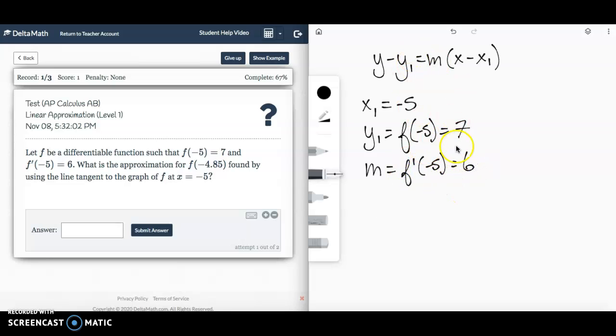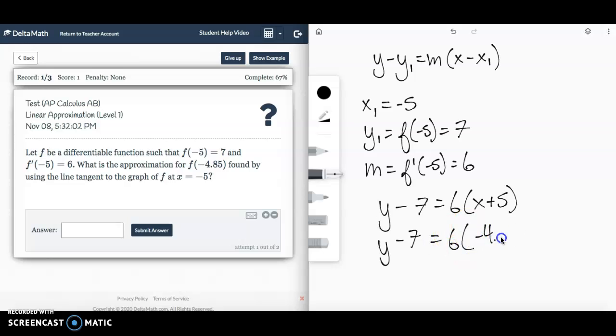So now I can plug in all those pieces. y minus y1 equals m times x minus x1. All right, there's my equation. And now they want us to plug in negative 4.85 and use this equation to solve for what your graph would get very close to giving you. So 6 times negative 4.85 plus 5. Oh goodness, I might have to get out my calculator for this one.